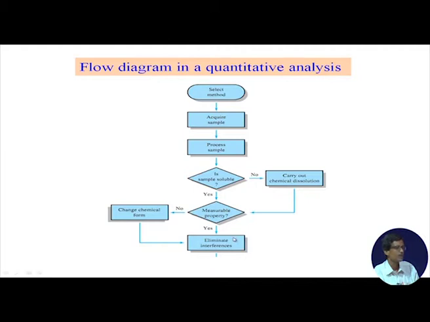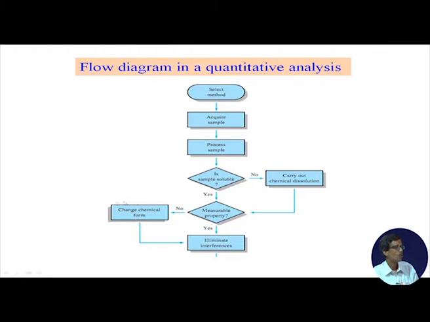But if we cannot have a measurable property by simple addition of DMG, as shown in this flow diagram, we change the corresponding chemical form. Suppose we are analyzing not nickel but some other element like aluminum, present in some other source. So, your analyte contains some aluminum. If it is no for DMG, you change the chemical form. Aluminum will take some other reagent, which is 8-hydroxyquinoline, that we will discuss afterwards.